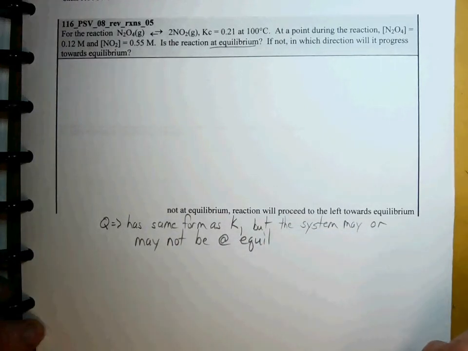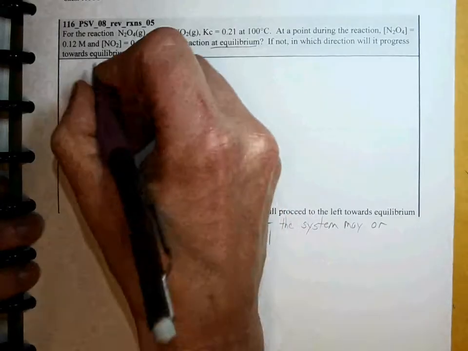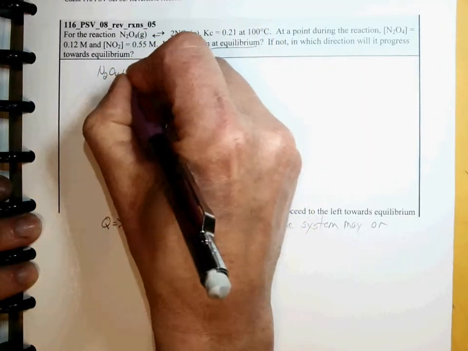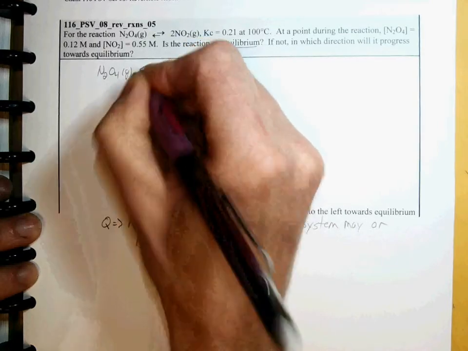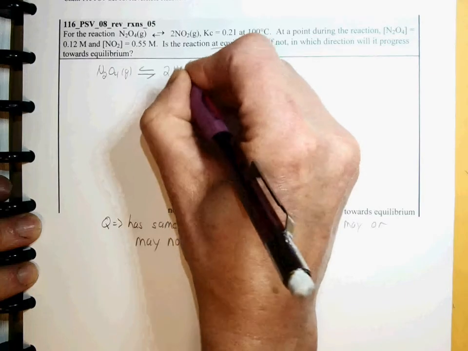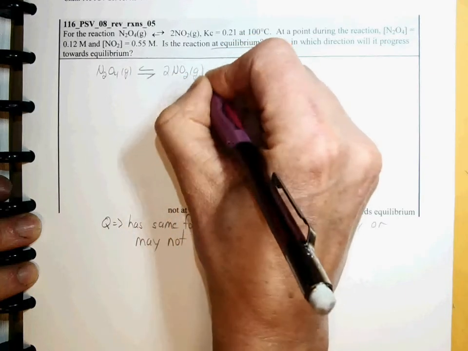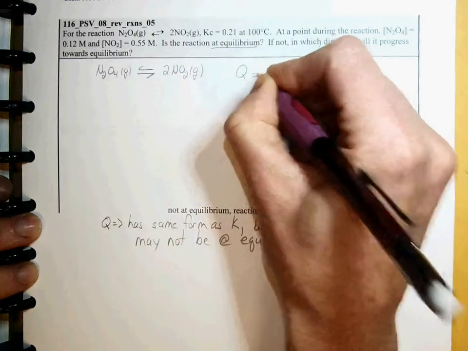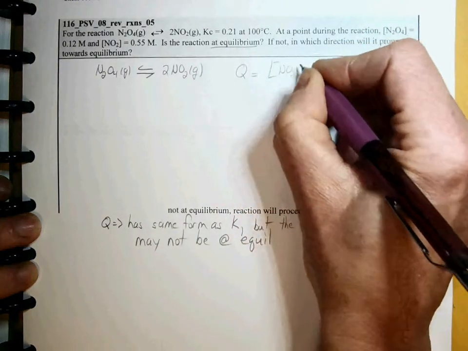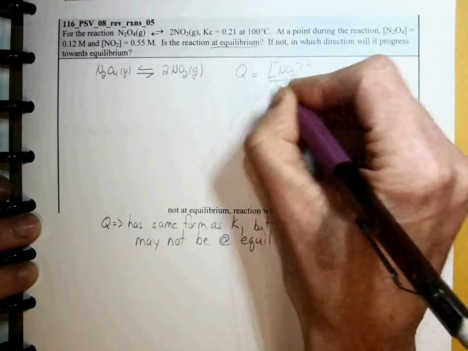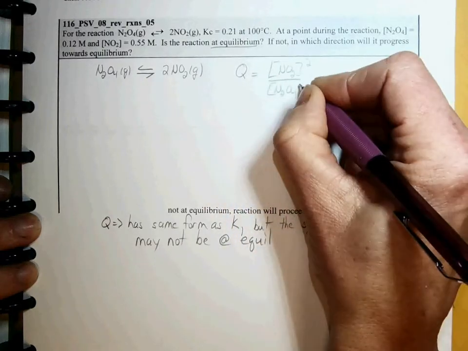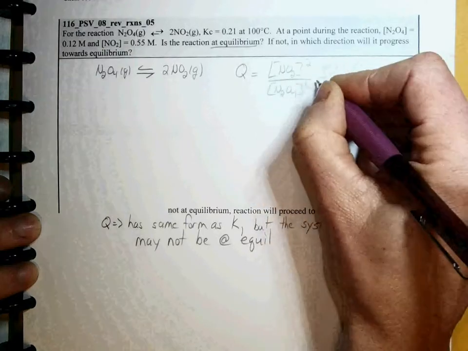Alright, so let's proceed with the problem. We have a reaction, N2O4 gas, and an equilibrium reaction, reversible reaction, with NO2 gas. So Q is going to be calculated by the concentration of products raised to their coefficients over reactants raised to their coefficients, 1.